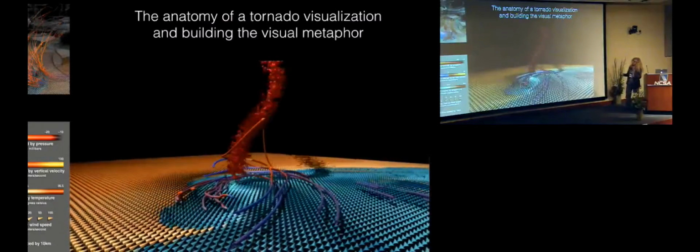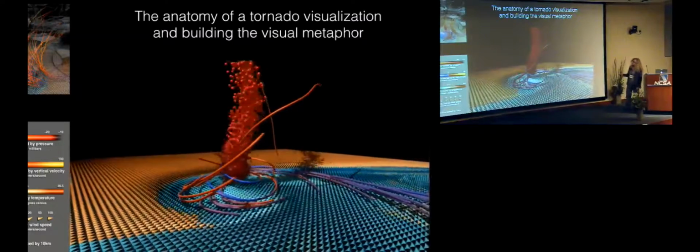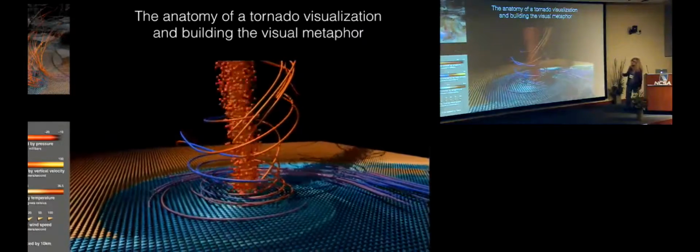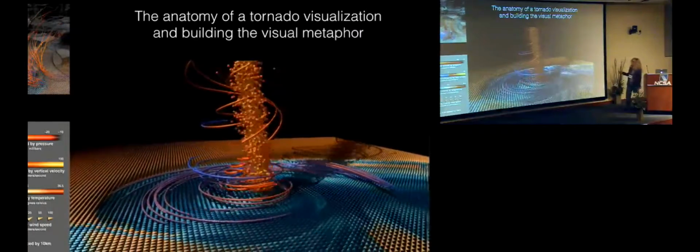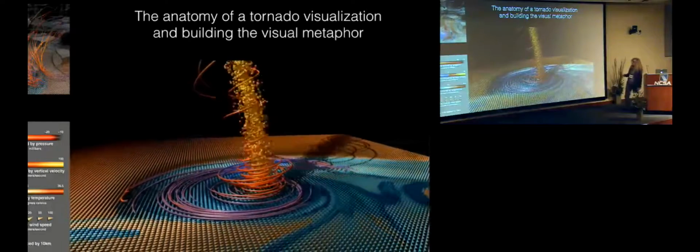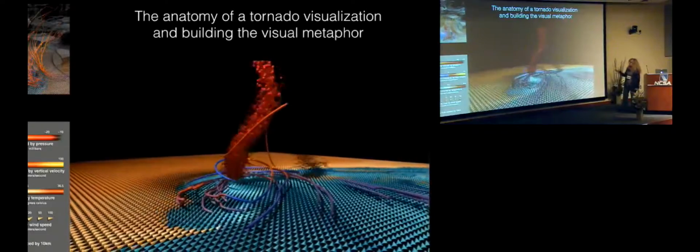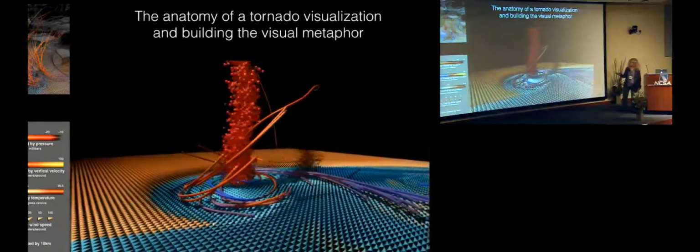So this is an anatomy of a tornado. It's a very famous visualization. This one was published in Wired magazine. Parts of this visualization were used for a PBS Nova show on super twisters.